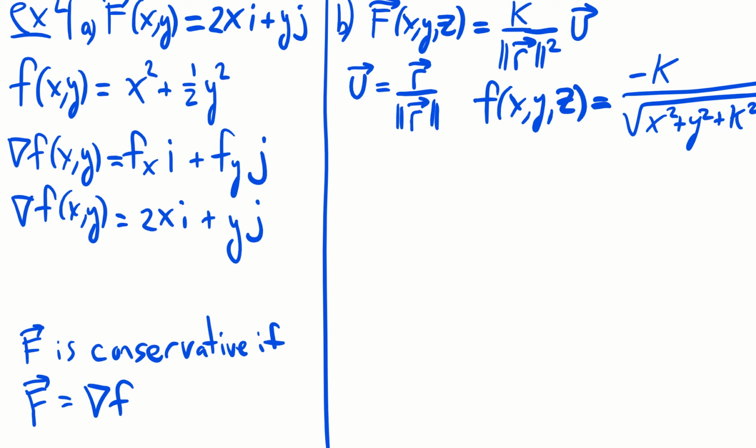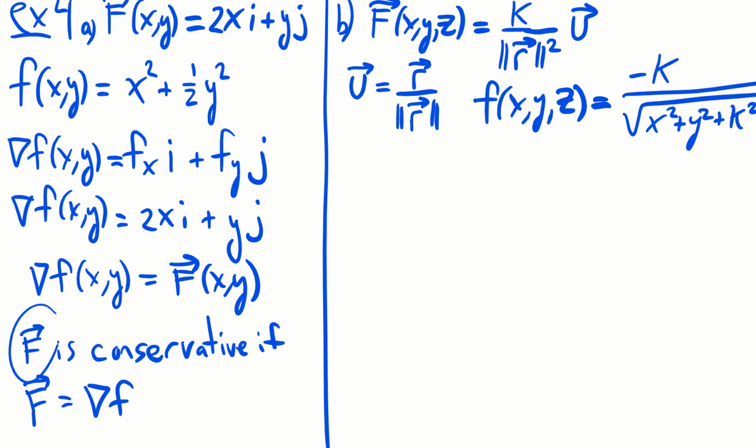And if we look at it, sure enough, that is equal to the vector field. So the vector field F is conservative for the one given by 4a.